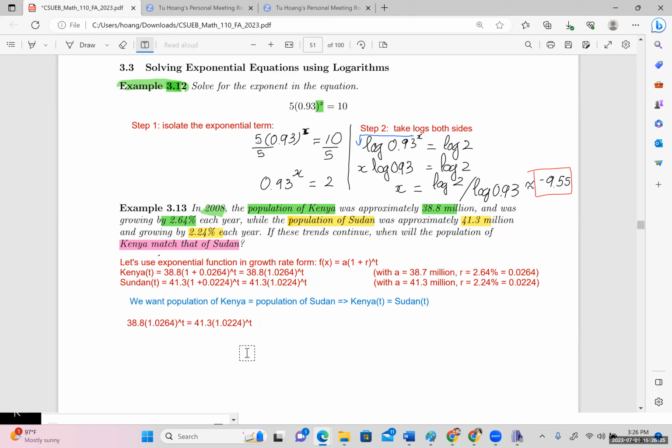Again, like I said, this is an exponential equation. You must start with step 1, isolate the exponential term.